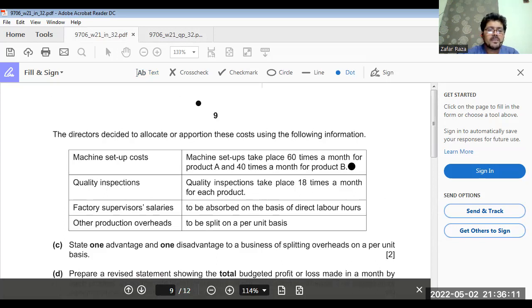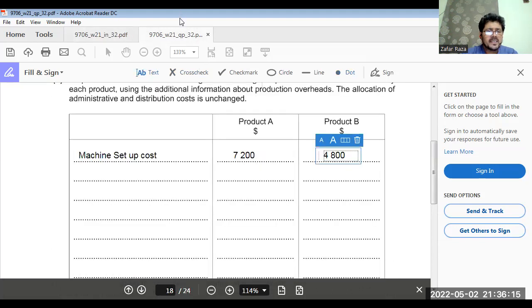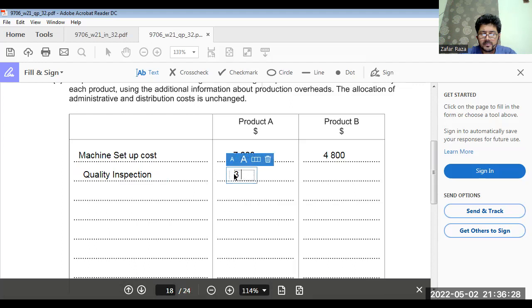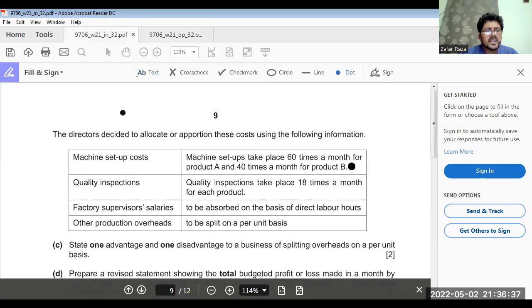So that 7,000 is going to be divided: 3,500 and 3,500.